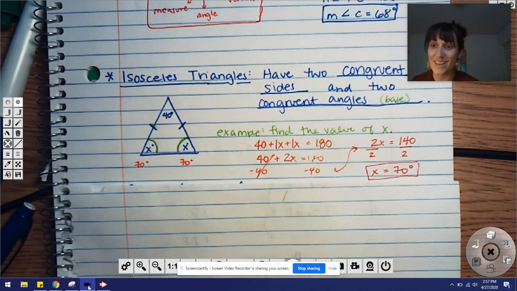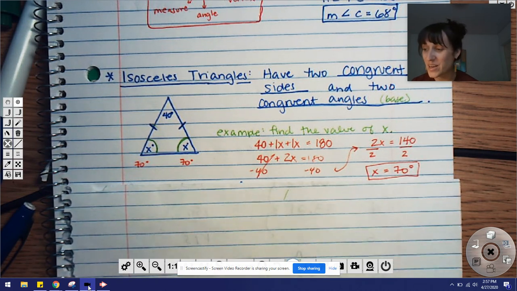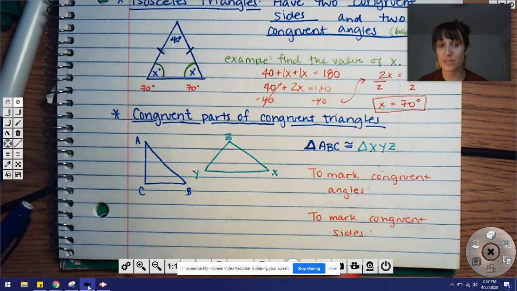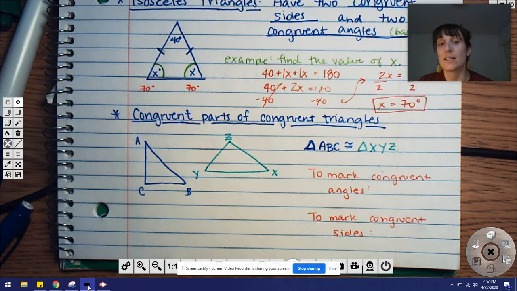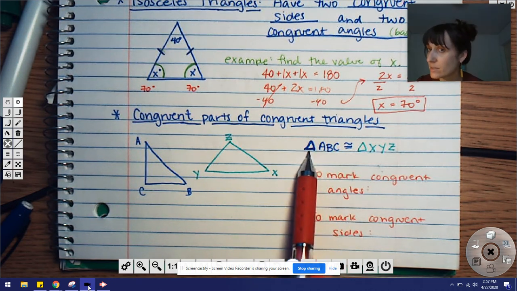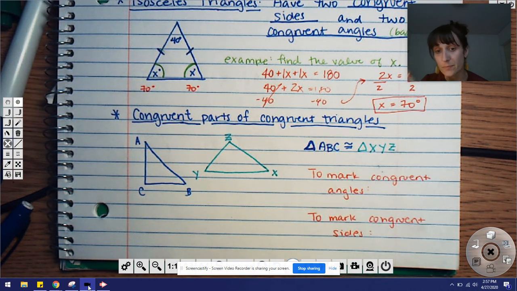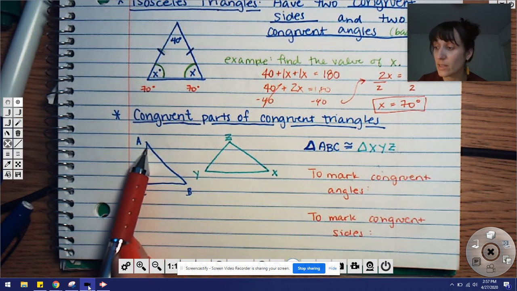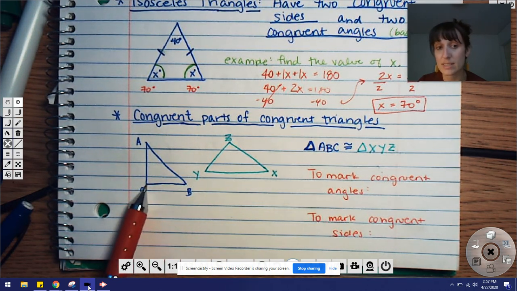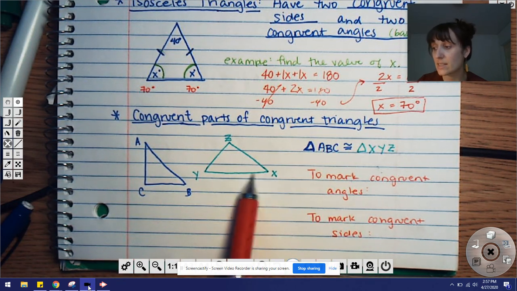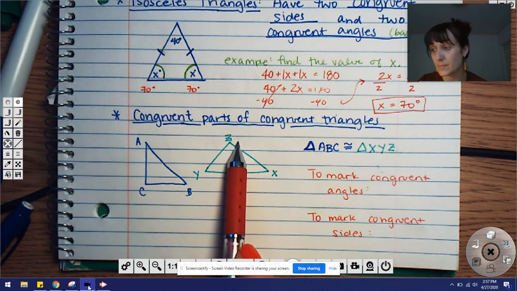All right. The last thing that we need to know about triangles is something called congruent parts of congruent triangles. When we label triangles, we use this little triangle symbol, and then we label the triangles using their vertices, their corners. So here I labeled triangle ABC is congruent to triangle XYZ.